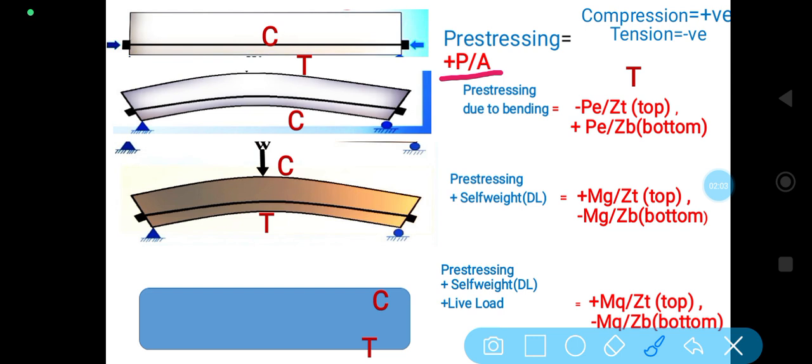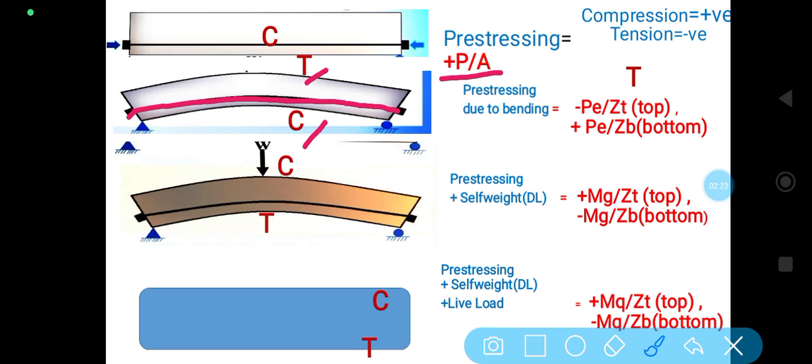This is nothing but the direct stress which is developed due to the pre-stressing process. Next, soon after pre-stressing, the tendon tries to bend in the upward direction, as a result of which tension is expected in the top fiber of the beam and compression is expected in the bottommost fiber.